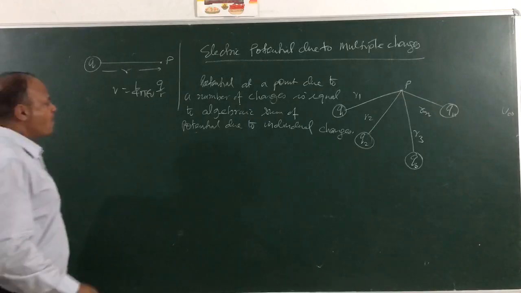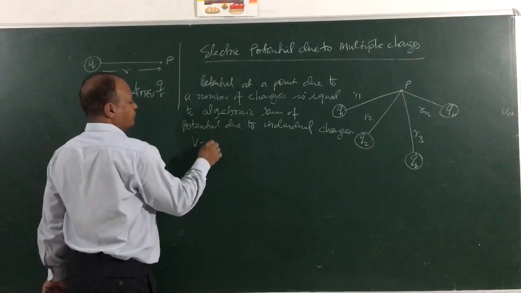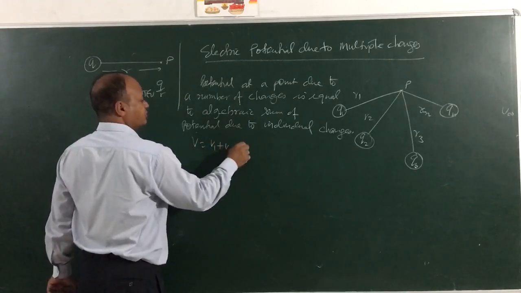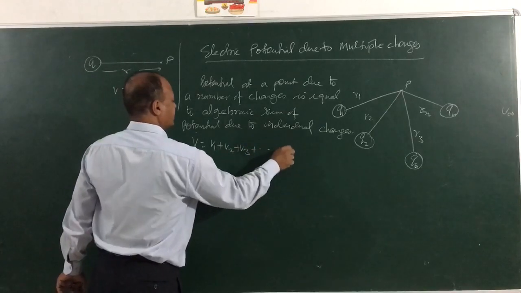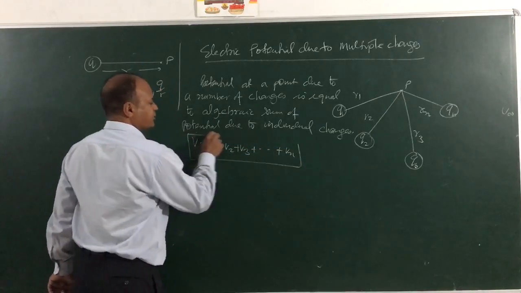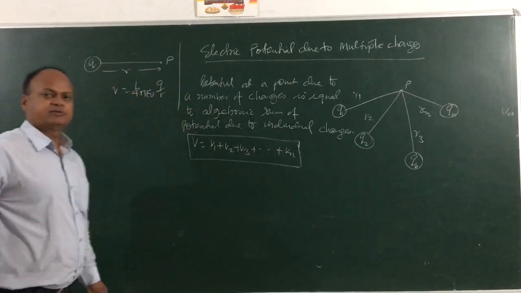Meaning V will be equal to V1 plus V2 plus V3 dot dot up to Vn. This is potential due to a large number of charges.